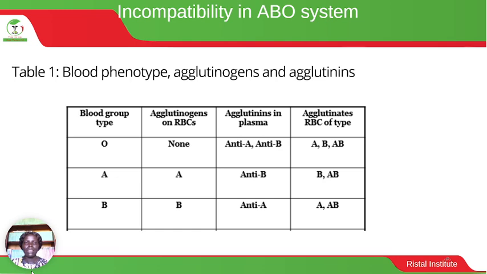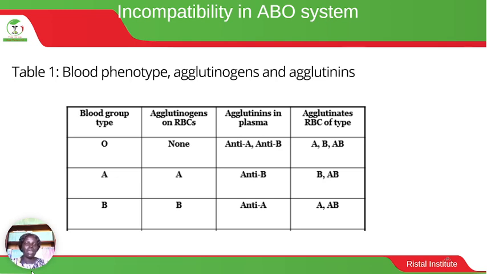So right here we have the table which shows the blood phenotype, agglutinogens and the agglutinins. So the blood group types, we have O, A and B. Then we have the agglutinogens on red blood cells, agglutinins in plasma, and which type of red blood cells each agglutinates.